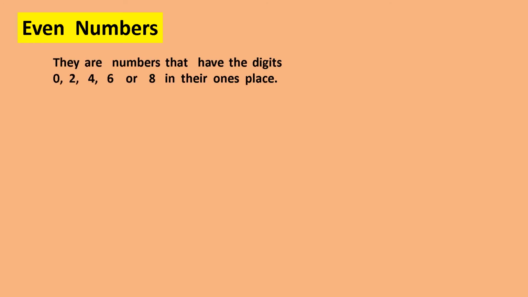Okay, now let us learn this term. How do we read this one? Even numbers. What are even numbers? These are numbers that have the digits 0, 2, 4, 6, or 8 in their ones place. Say for example, this number.